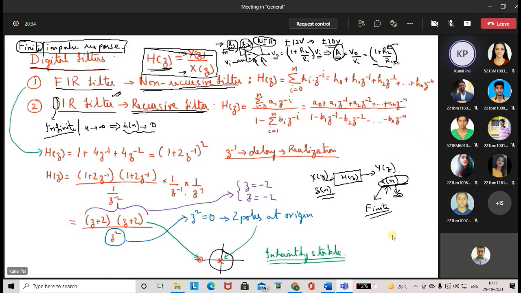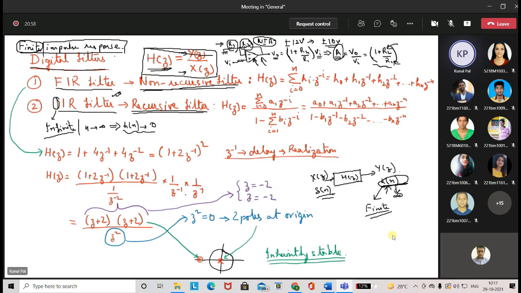That means your system has become unstable in nature. It is not giving you any logical output, so you will not be able to analyze the input signals properly.